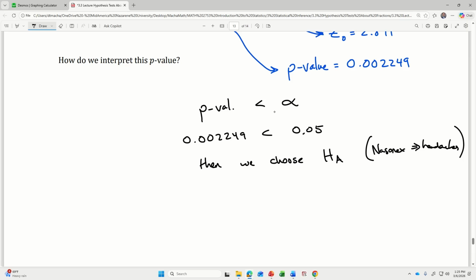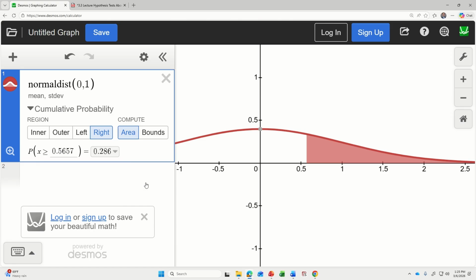And then the last thing you might say about the p-value is that if I took 1 minus the p-value and multiplied that by 100%, I'll do it in Desmos. 1 minus the p-value.